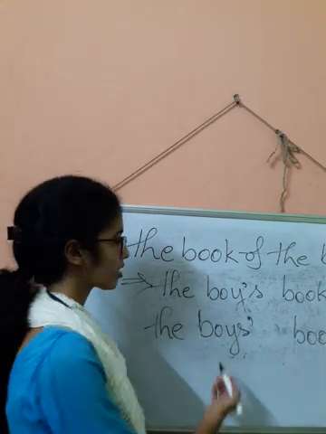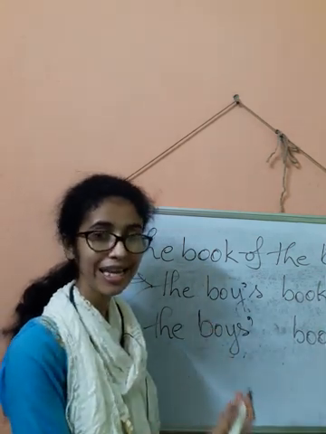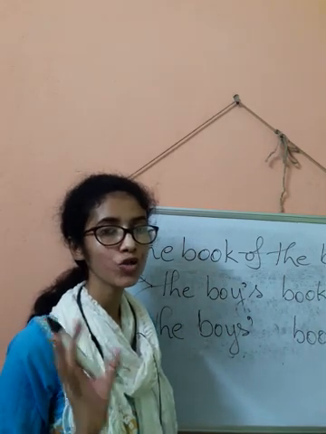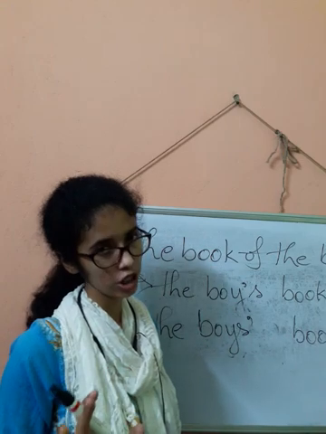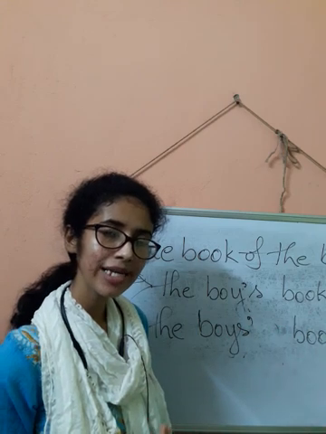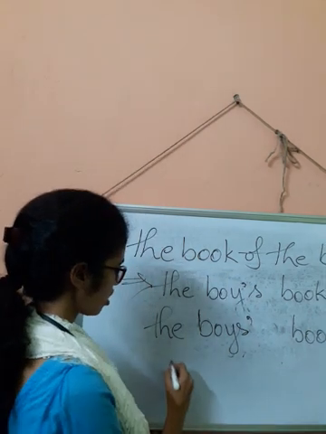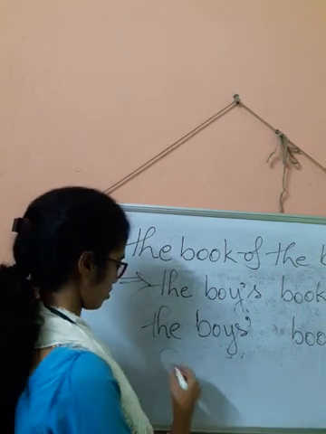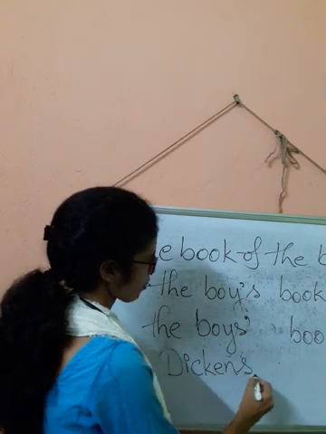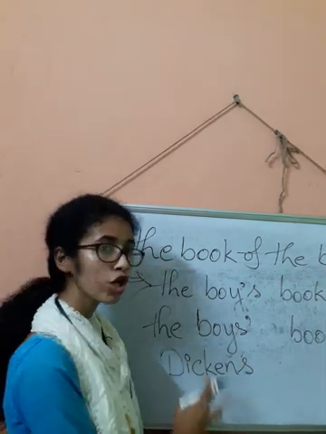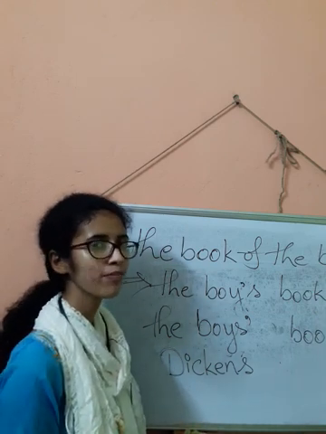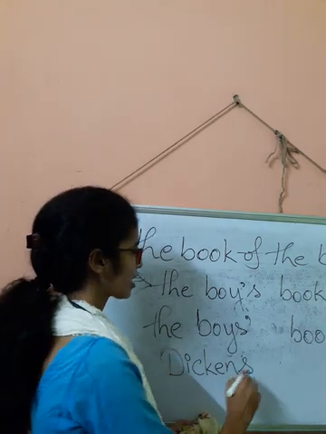What was I saying? When the noun is in plural form and it is taking s at the end, we cannot use apostrophe s. We are allowed to use apostrophe only to indicate possession. But when we are talking about a singular noun that has an s at the end, suppose Dickens, this is a person's name. The s is included in the person's name. It is not in plural form. A name cannot be in plural form, right? So Dickens's novel.